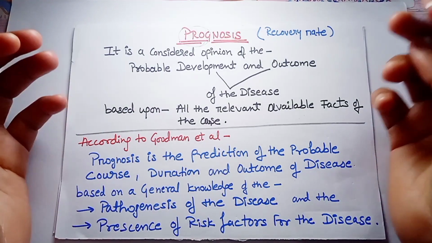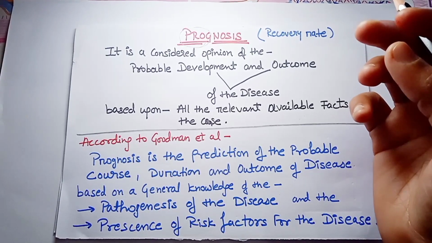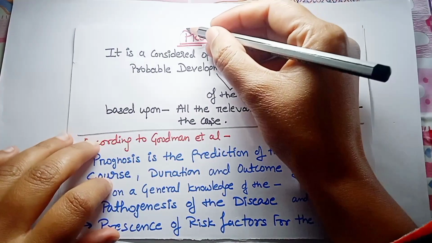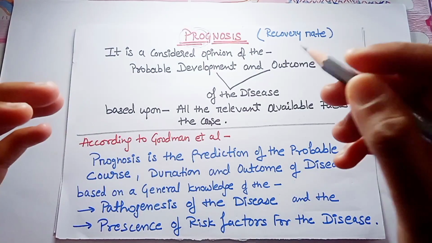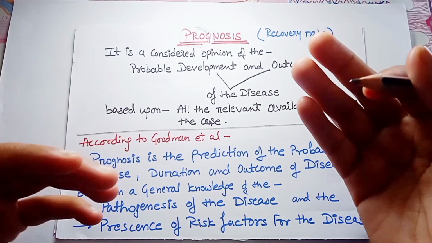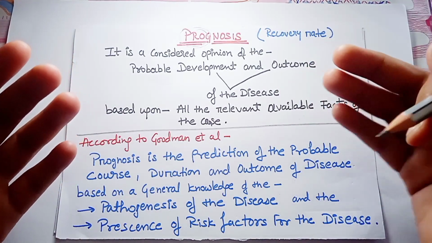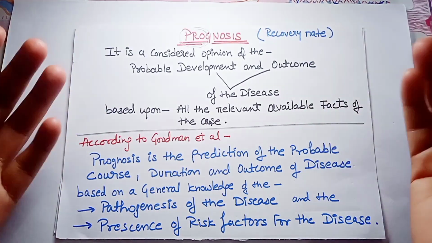Now let's see what is prognosis. In prognosis there is a prefix used, pro. The prefix pro means knowledge beforehand of how a situation is likely to turn out. Means what would be its recovery rate.